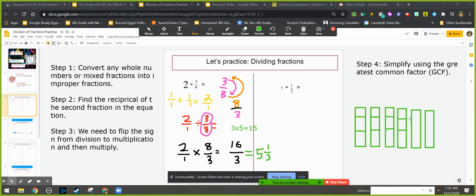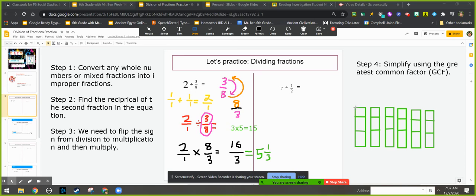And I know this is thirds because the denominator of 16 thirds, the denominator is 3 parts total. Now I'm choosing this many boxes just because I need to know how many to fill in. And I know how to do that just because, let's choose this here.